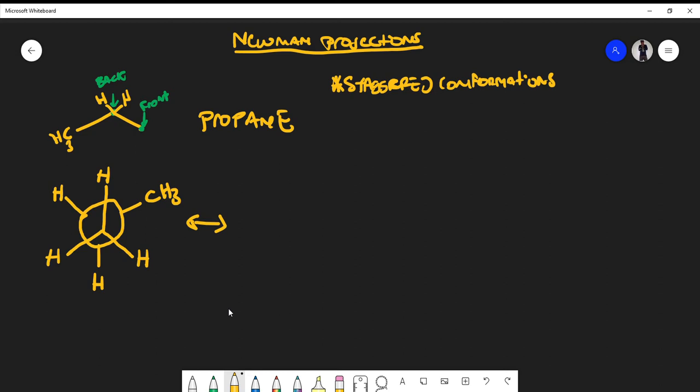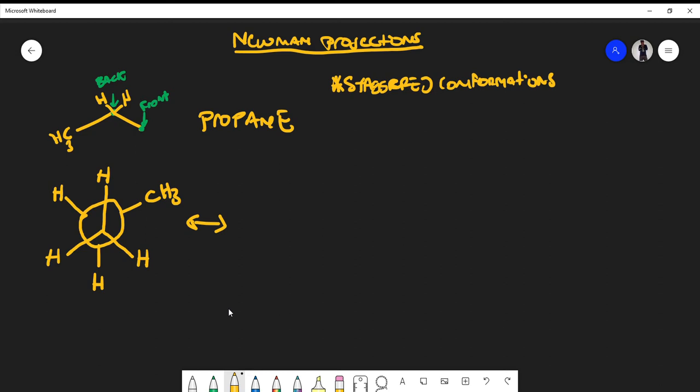I want you to think of the back carbon as some sort of click, like you're sailing on a ship and the steering wheel clicks. You turn it once, and the boat turns. So click, click, click. The rotations usually go in the clockwise direction.